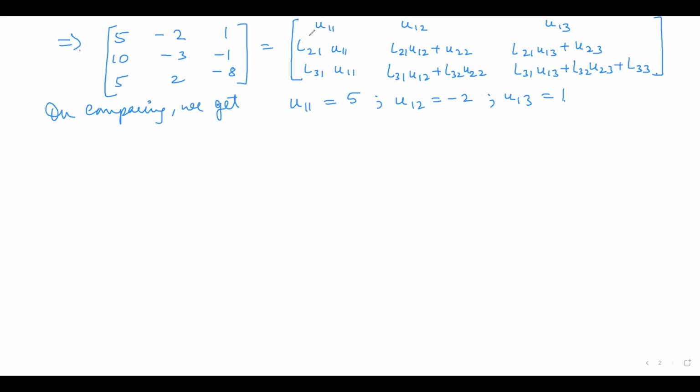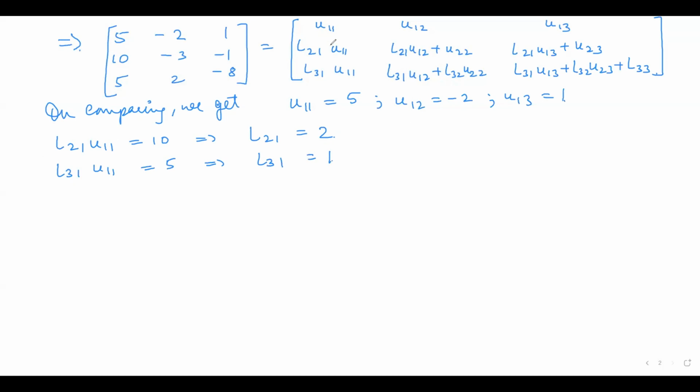Now I need to compare the other values. L21 U11 is equal to 10, so L21 is 10 upon 5, that is 2. Similarly, L31 U11 would be equal to 5, so L31 would be 5 upon 5, that is 1.